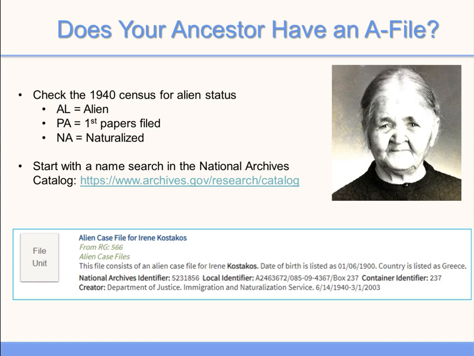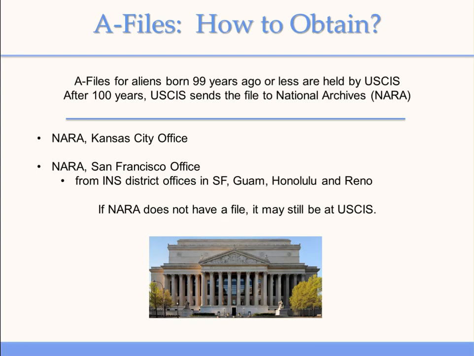It gives us her date of birth. It tells us that she's from Greece, but there's no other identifying information. So you would have to order that file to find out if it is indeed your ancestor. And where do you find A files? If your alien ancestor was born 99 years ago or sooner, that file would be held at USCIS.